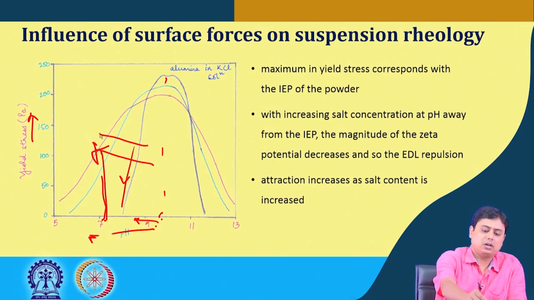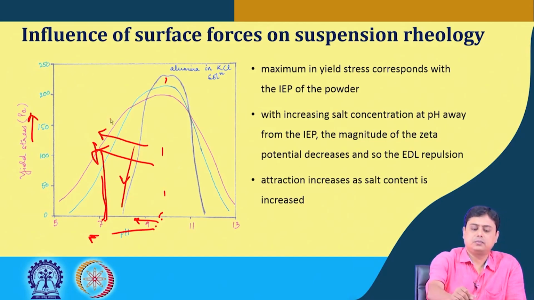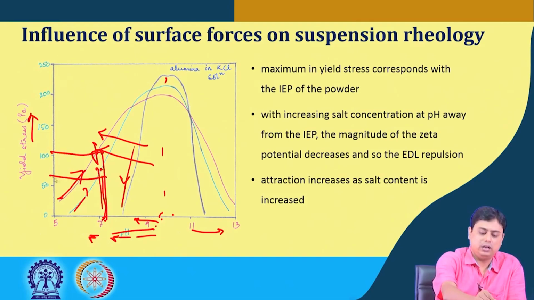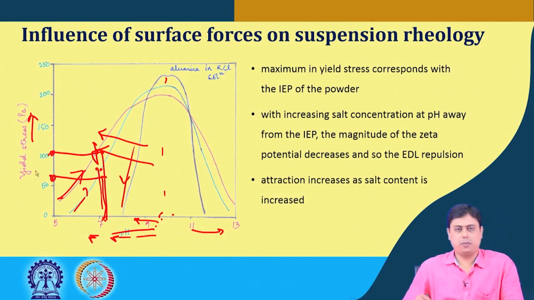As we increase the salt concentration, at pH away from the IEP, we see that for a particular pH, if we increase the salt concentration, the value of shear yield stress increases. This is because the zeta potential decreases and so does the repulsion.